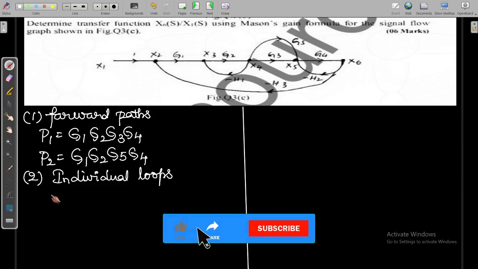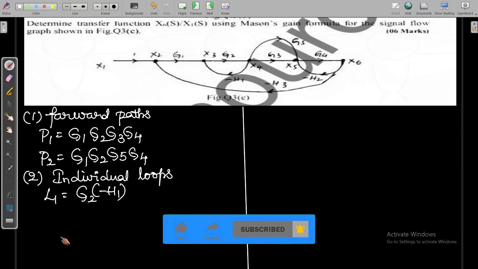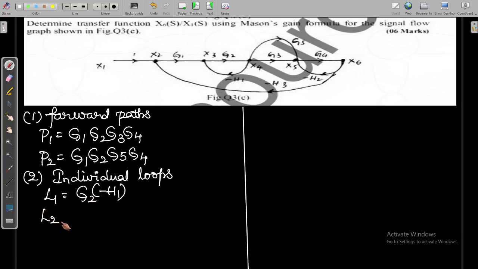So let us write the individual loops. L1 is equal to G1, G2, G3, G4 and minus H3. That is the first loop I am taking.